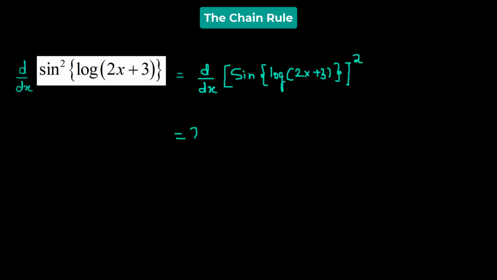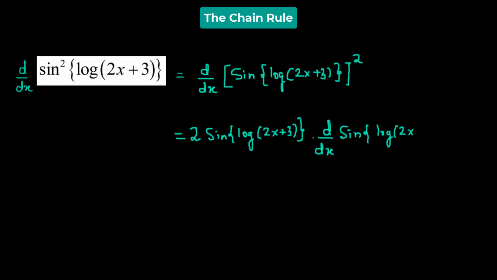So we're going to consider the entire sine function as x. So that should give us 2 times sine log of 2x plus 3. Now this was our assumption, so we need to multiply it to the derivative of our assumed x, which is sine of log 2x plus 3.